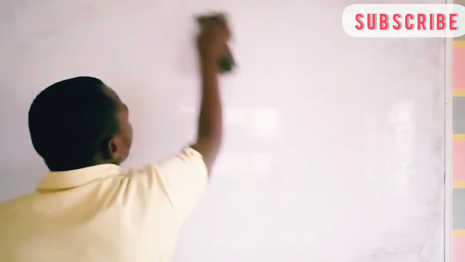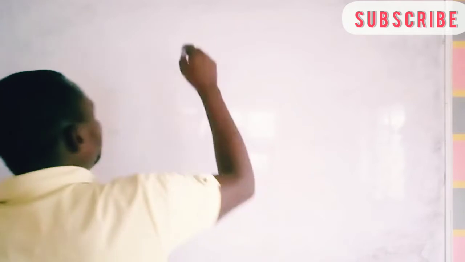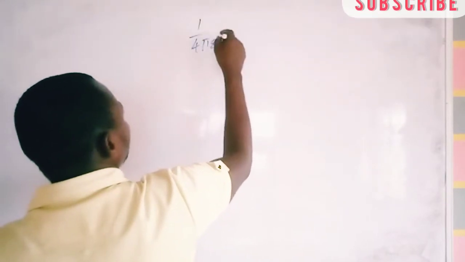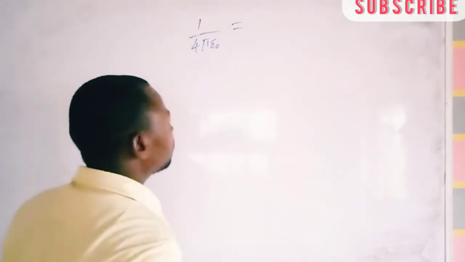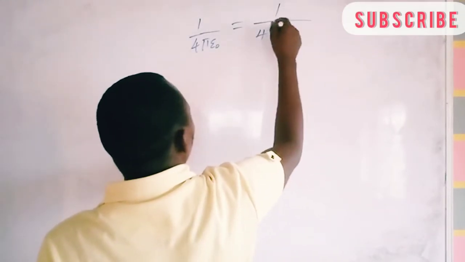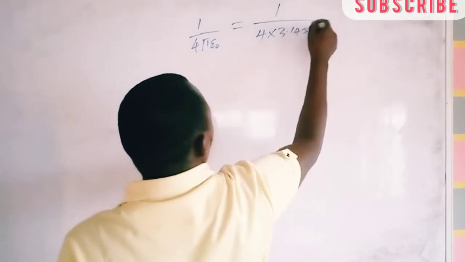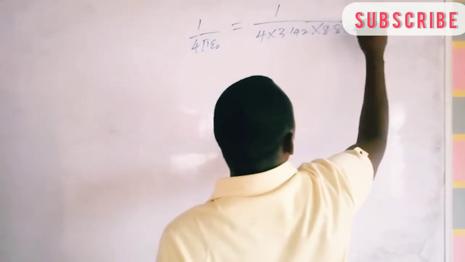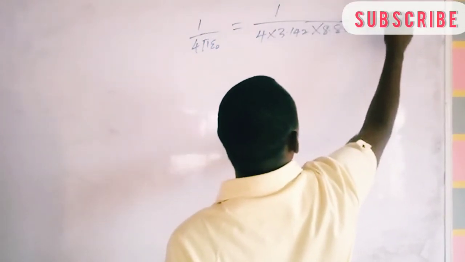Other formula is below. But recall that 1 over 4 pi E naught equals 1 over 4 times 3.142 times 8.85 times 10 raised to minus 12.